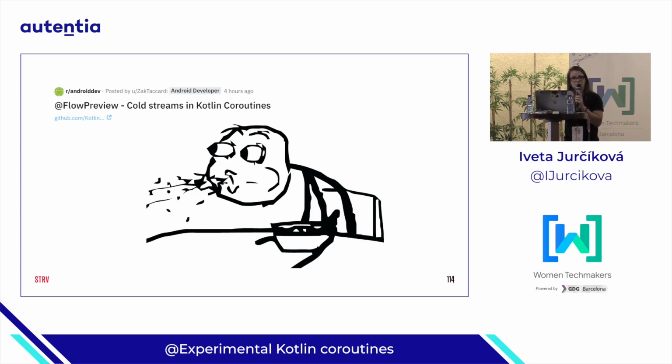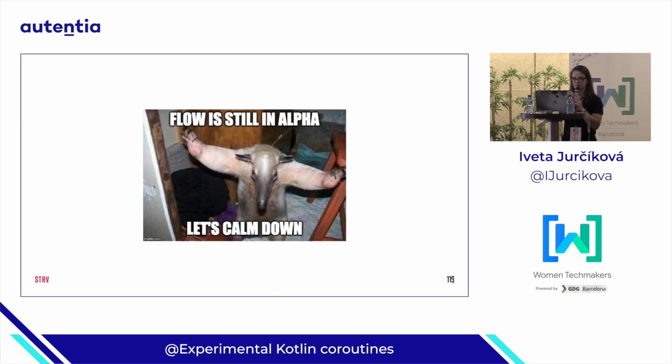And I saw that the new experimental declaration called Flow, which supports cold streams because channels are hot by default, was released. But Flow is currently at Alpha 2, and it doesn't change anything about previous entities, so my presentation is still relevant. But that's a really exciting announcement you can start working with.